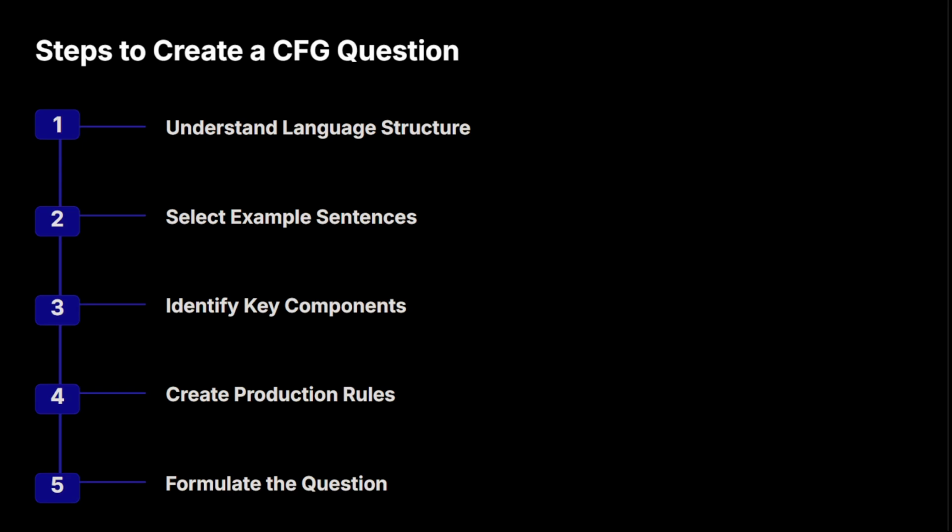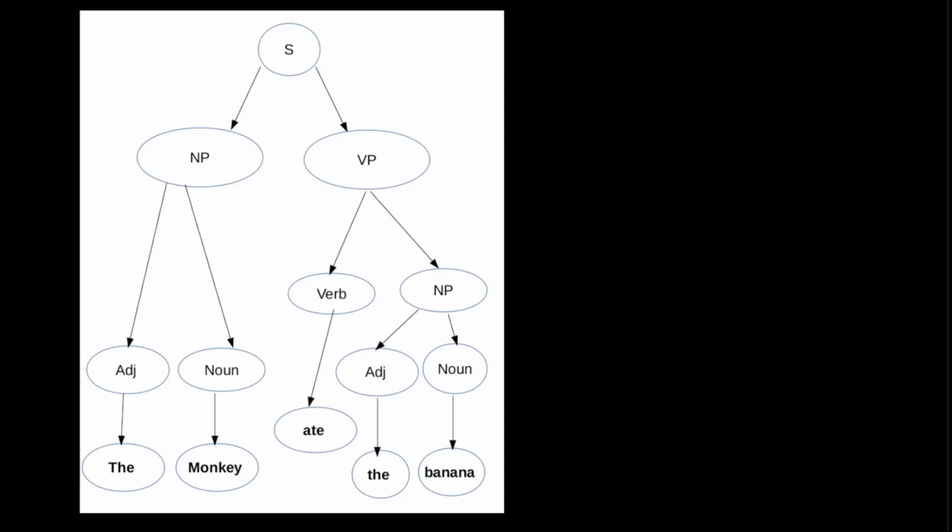A common type of method used to recreate a CFG or create a CFG is the parse tree. These parse trees are essential not only in the context of CFG but also in NLP. So this parse tree uses production rules, and based on these production rules, they draw a tree-like structure.